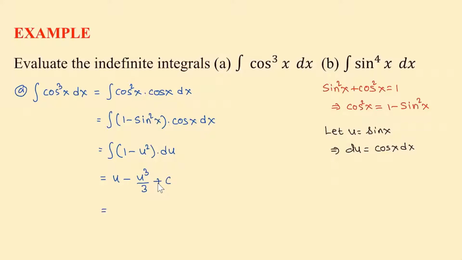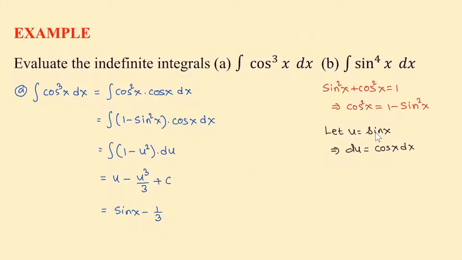Because our question is in terms of trig functions, our final answer must be in terms of trig functions. So we are going to resubstitute the value of u. We know u is equal to sine x. So in place of u, we can write sine x, then minus 1/3 u cubed.